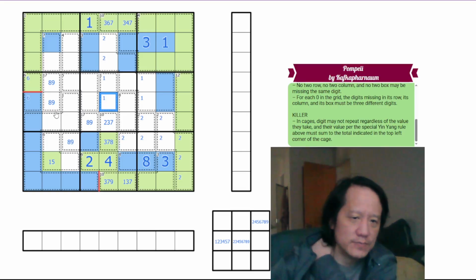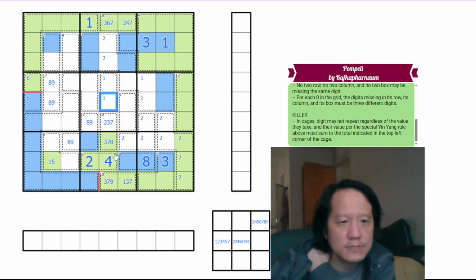So this is all zero value. We don't know about these. The blue here is not the same as the zero.